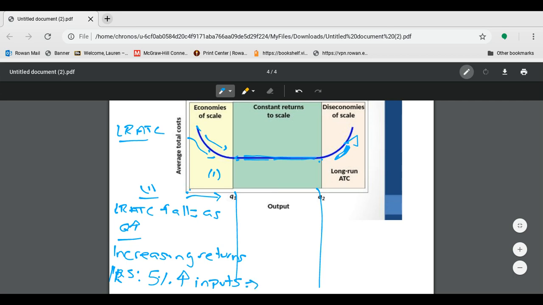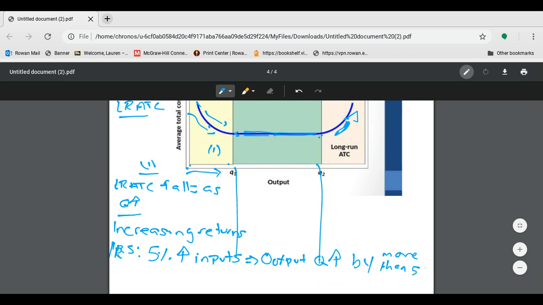If we're in this first section, that means our output, or our Q, is going to go up, but by more than 5%. I'm running out of room. More than 5%. So maybe 8%, 20%, 5.5%. Anything that's higher than this 5%.